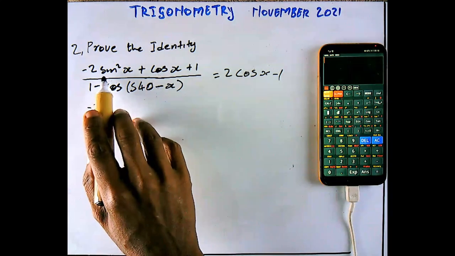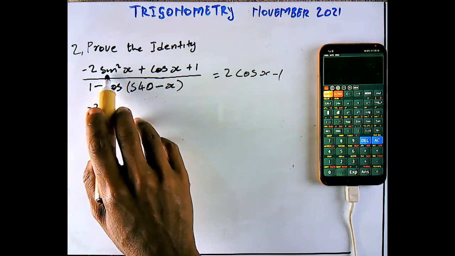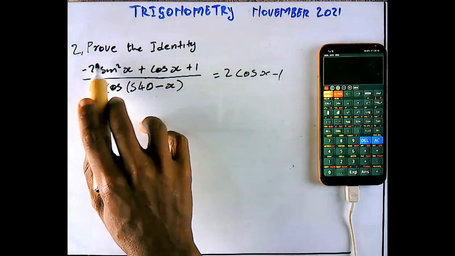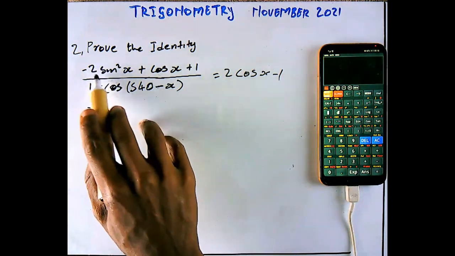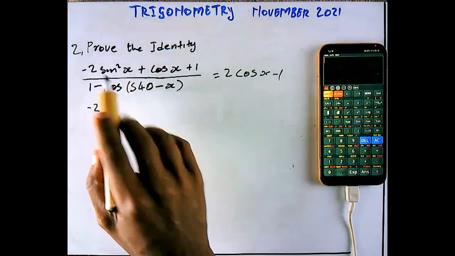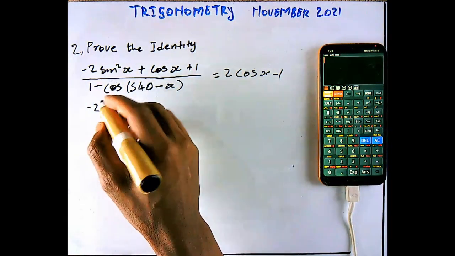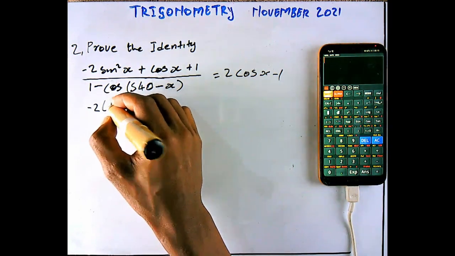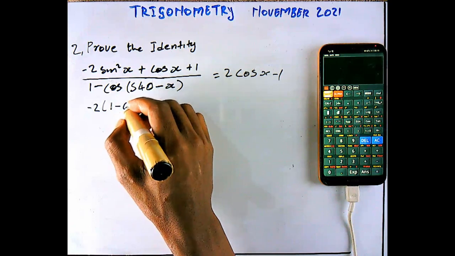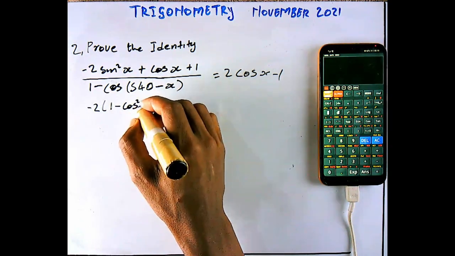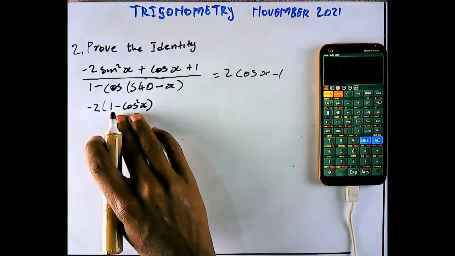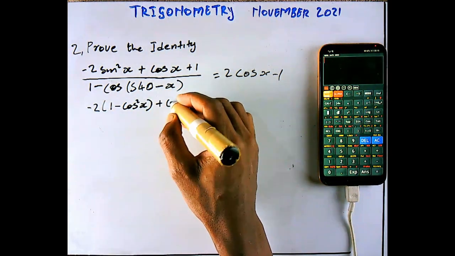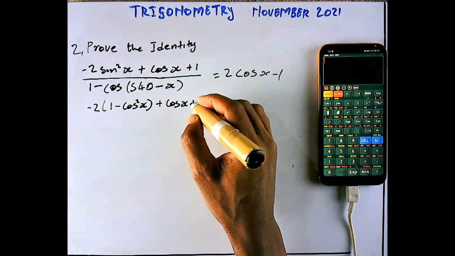We have to change this sine into cos, because here we already have cos. So we change this sine squared into cos: 1 minus cos squared x, from the square identities. So plus cos x plus 1.